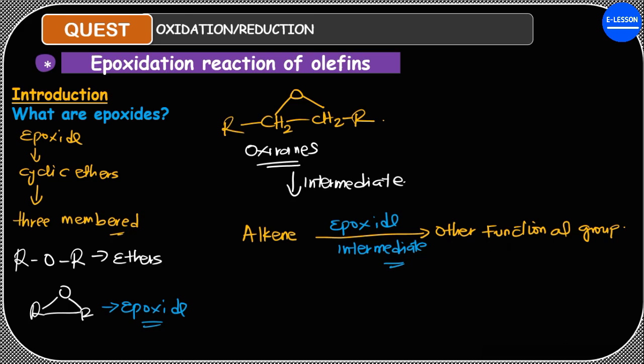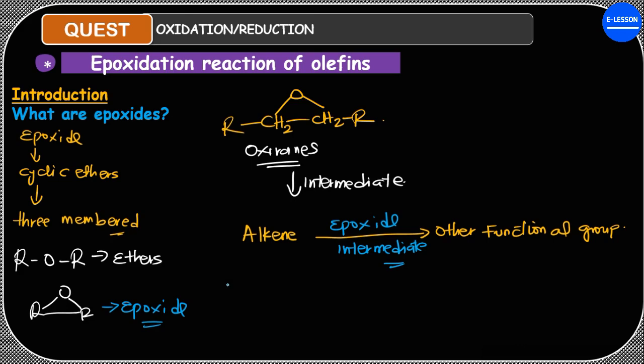All right. Now, having looked at this, how are epoxides made, or how do we actually convert alkenes to epoxides? Alkenes are converted to epoxides via a peroxy acid.